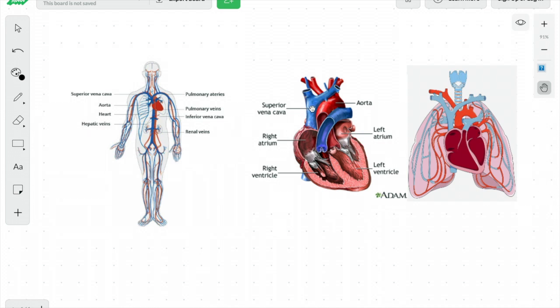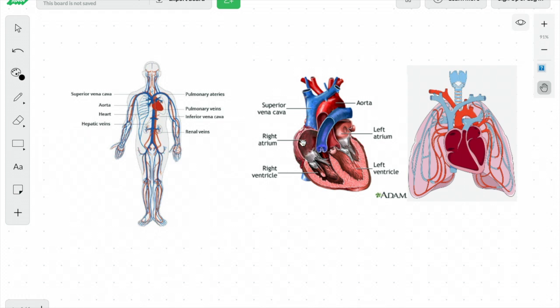These are big tube-like vessels which contain deoxygenated blood coming from your whole body. Both open into the chamber called the right atrium.